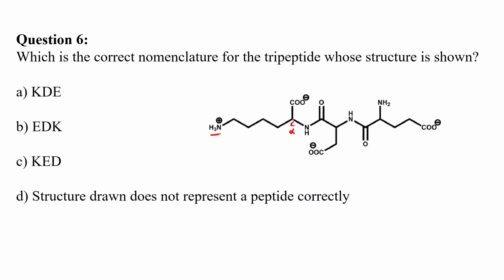But if you see the C alpha, it is attached to a carboxylic group and the amino group. The peptide bond that should form between the two amino acids should be between the carboxylic group of the first amino acid and the amino group of the second amino acid.